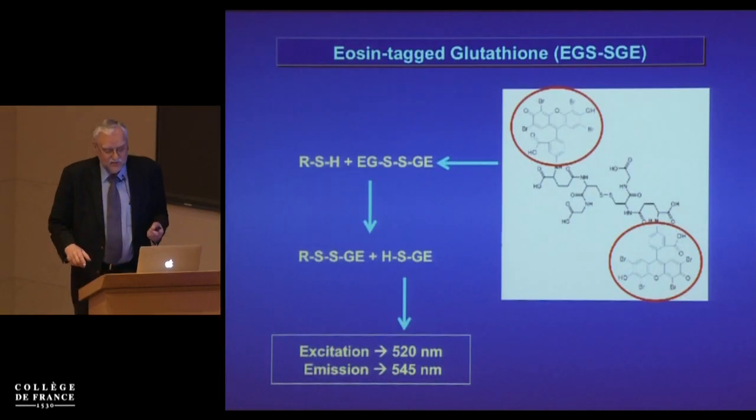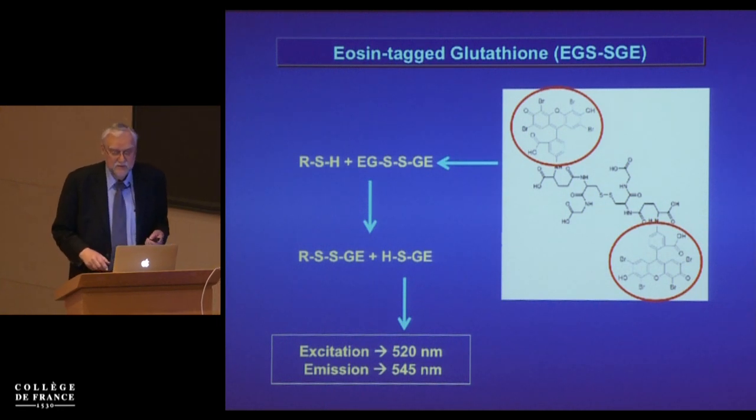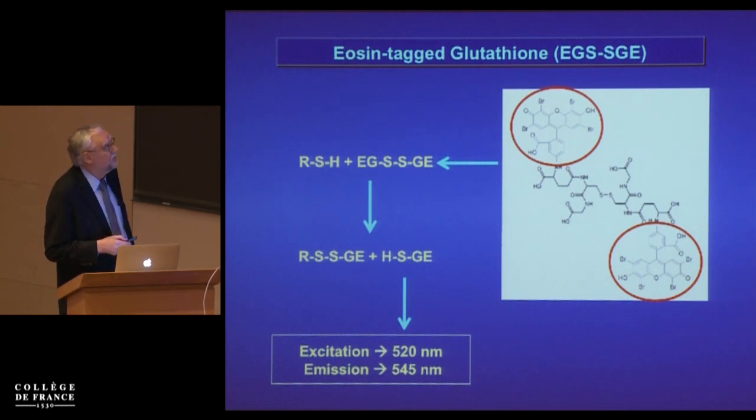I'll describe a little bit of what we have done recently also. We have developed a method to measure glutaredoxin using fluorescence. So what have we done? Well, we have synthesized a compound which we call eosine glutathione disulfide, dieosine diglutathione disulfide. This is glutathione disulfide.